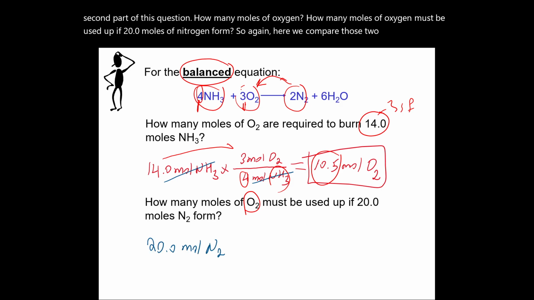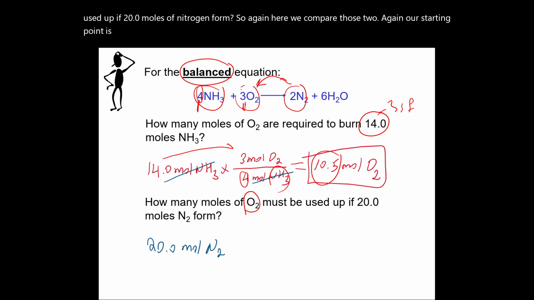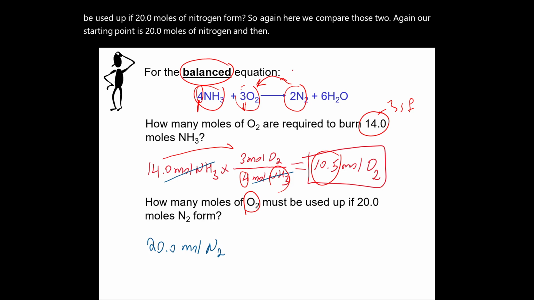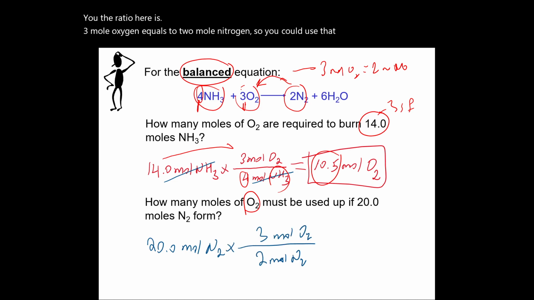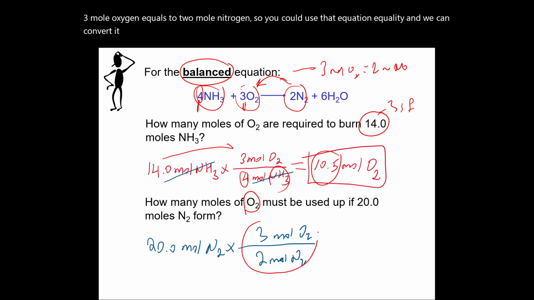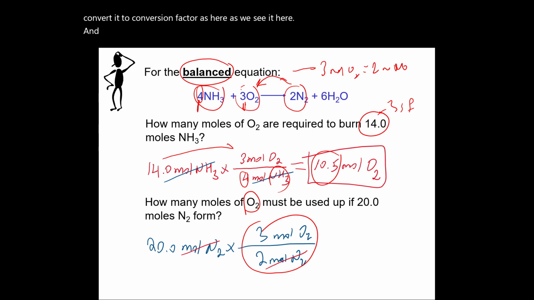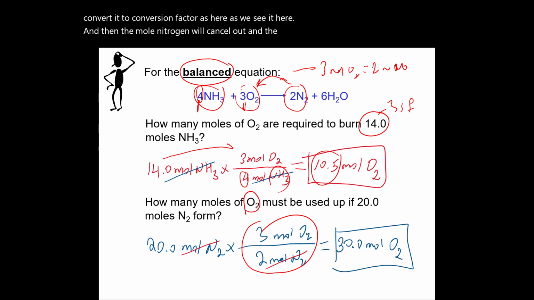Again, our starting point is 20.0 moles of nitrogen, and then the ratio here is 3 mole oxygen equals 2 mole nitrogen. So you could use that equality, and we can convert it to a conversion factor as we see it here. And then the mole nitrogen will cancel out, and the target is mole oxygen.